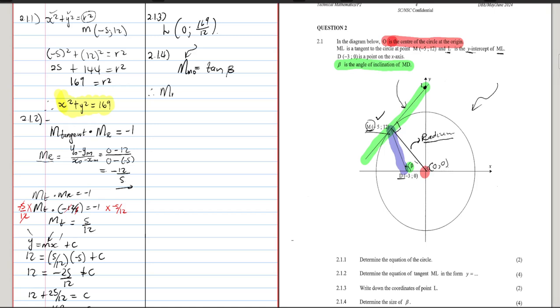Therefore, gradient MD equals ym minus yd, then we divide the whole thing by xm minus xd, equals, what is ym, that's 12, minus what is yd, that's 0, divided by what is xm, that's minus 5, minus what is xd, that's negative 3, equals 12 over negative 5 plus 3, that's going to be negative 2, equals negative 6. So that's the gradient.